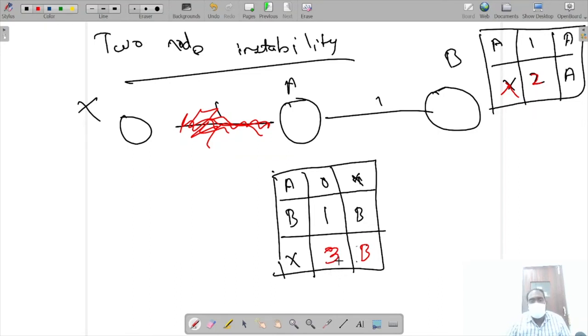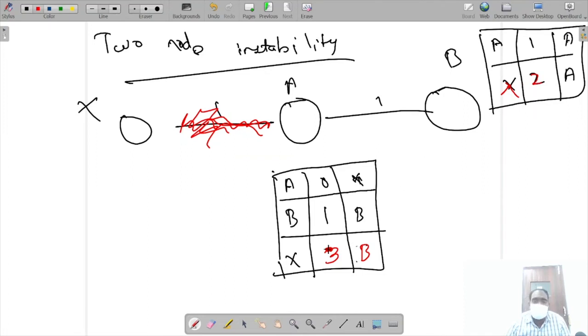All right. So previously it was 1, and after the connection broke it was infinity, and A saw that B can reach X at a distance of 2. Now it says, okay, this time I'll reach X through B. Now B sees this and says, okay, I was sending my packet through you. Previously you said you can reach X at a distance of 1.